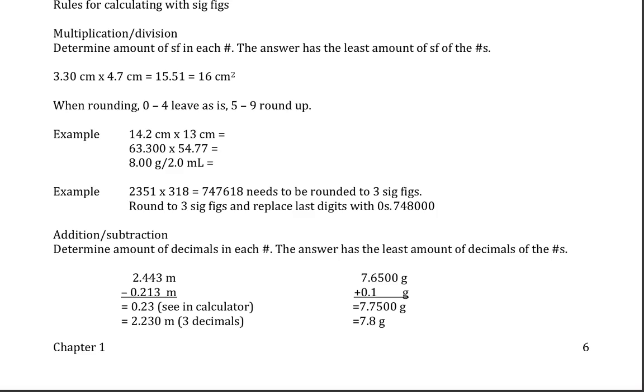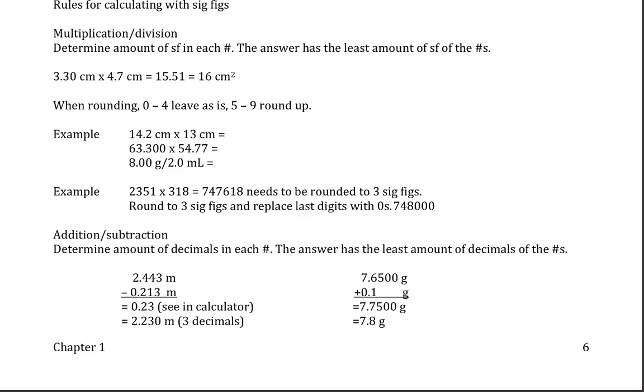So we keep the 7, we keep the 4, we keep the 7. We have to get rid of the 6, the 1, and the 8. But we can't just drop them because we're not talking about a number around 700. We're talking about a number around 700,000. So what we do is we replace those last 3 numbers with zeros, so they're just placeholders.